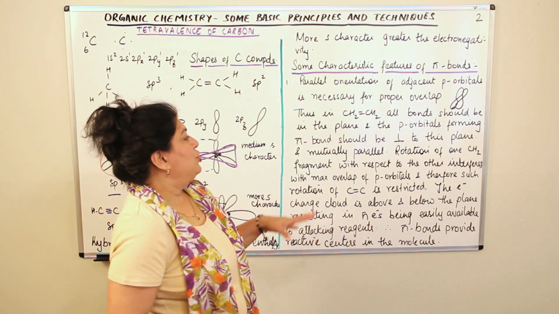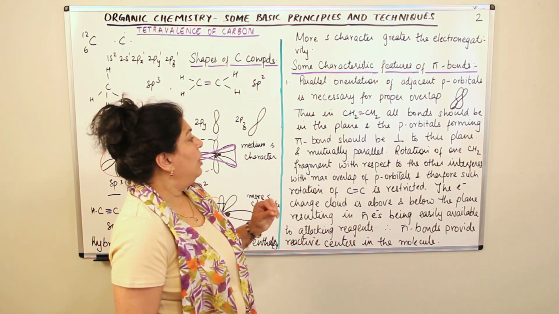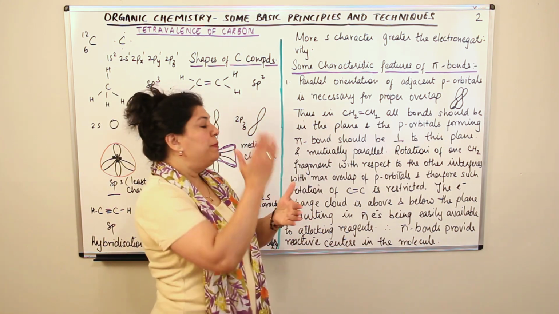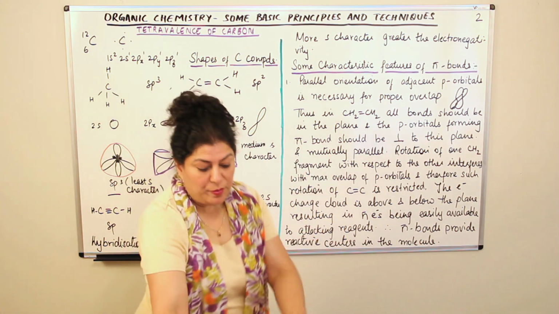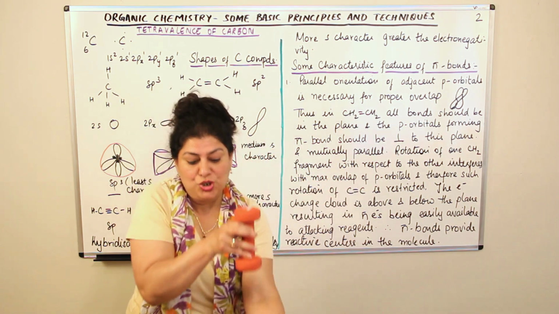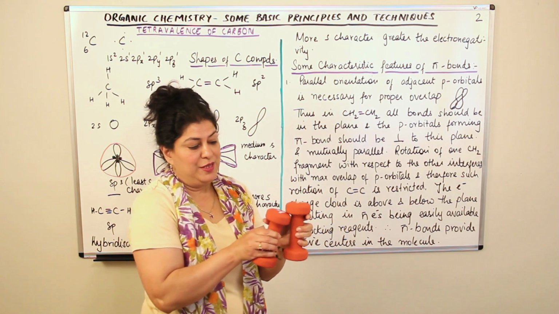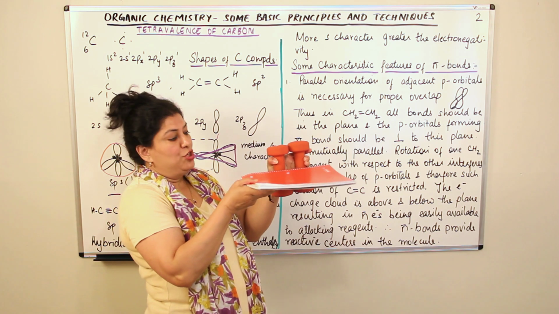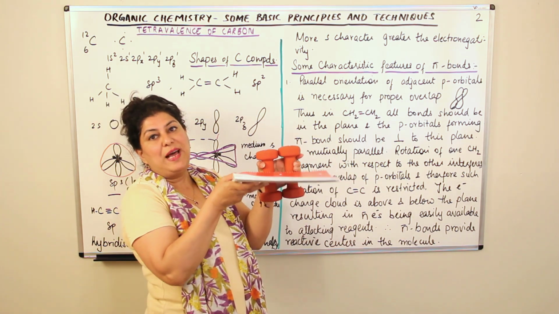So in CH2CH2, that is in ethene, all bonds should be in the plane. And the p orbitals forming the pi bond should be perpendicular to this plane, and they should be parallel to each other so that they can overlap sideways.